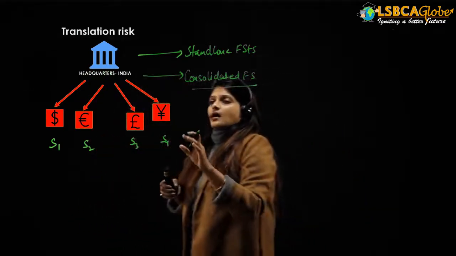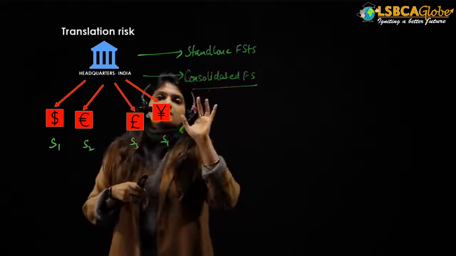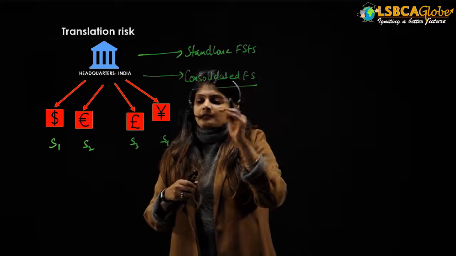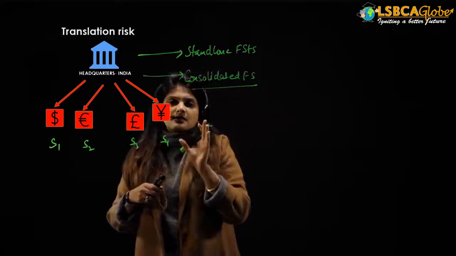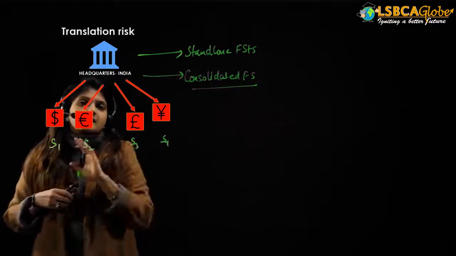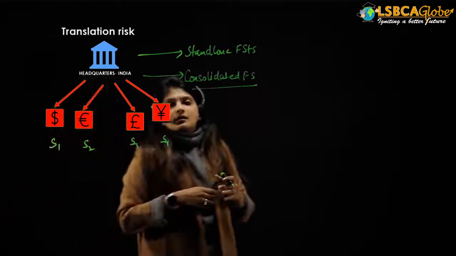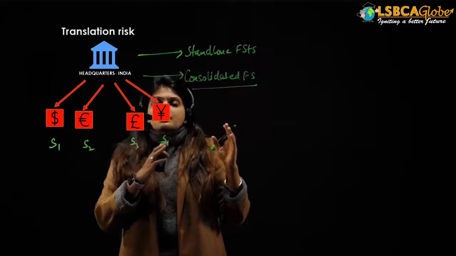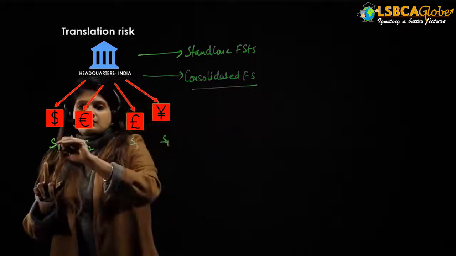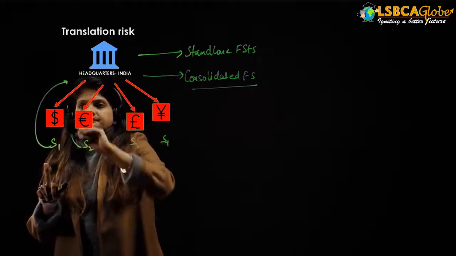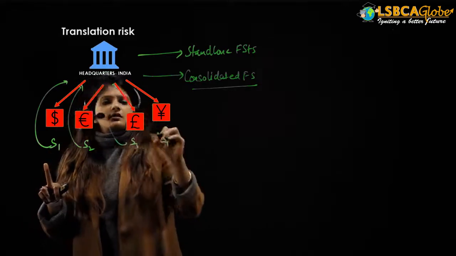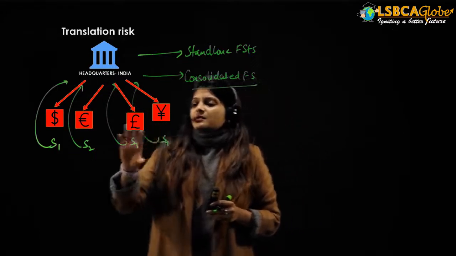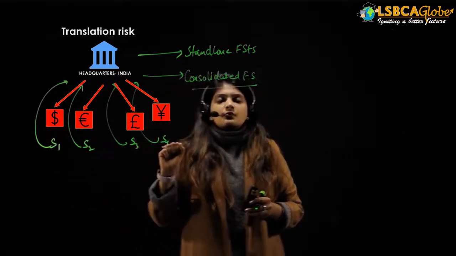Since the subsidiaries have prepared their separate accounts in different currencies, when preparing the consolidation, these subsidiaries need to convert their financials into the head office currency. So ultimately, they'll be using the conversion rates.